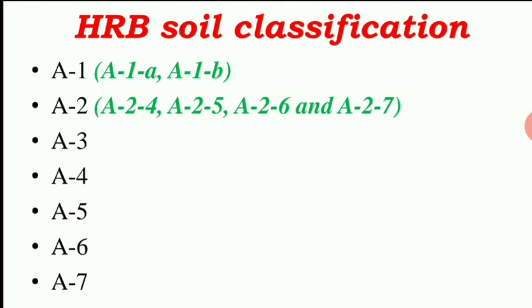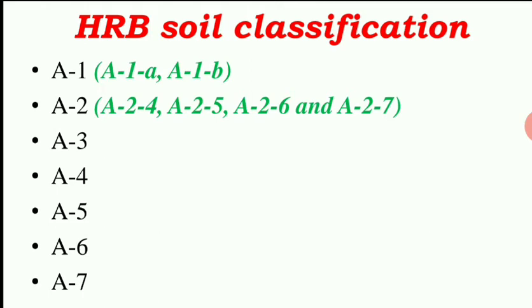Here the A2 group of soils includes a wide range of granular soils, ranging from A1 to A3 groups, consisting of granular soils and up to 35% fines of A4, A5, A6 and A7 groups.